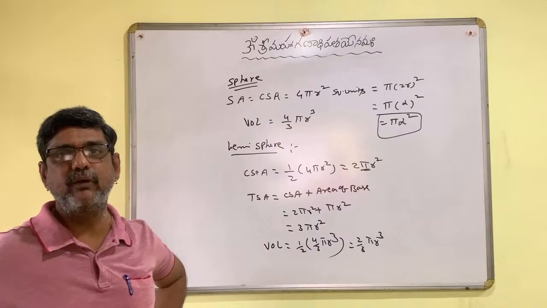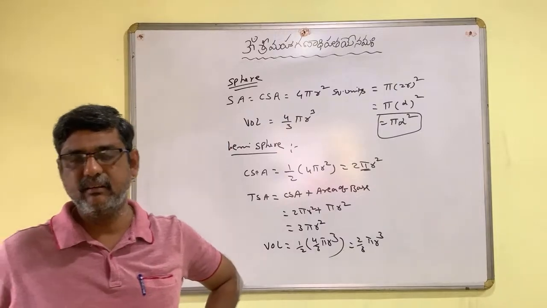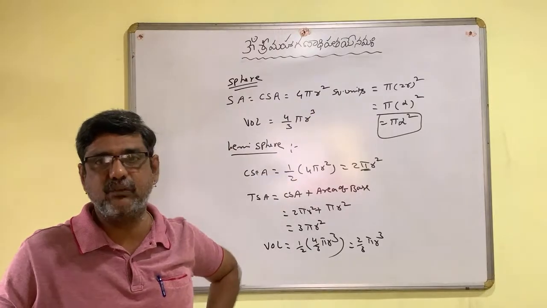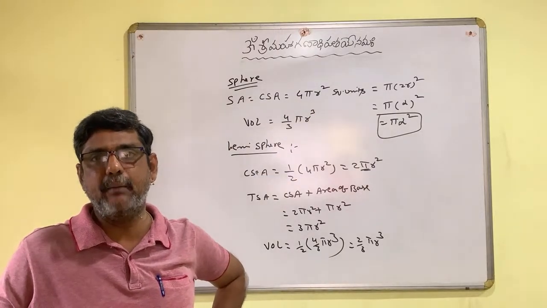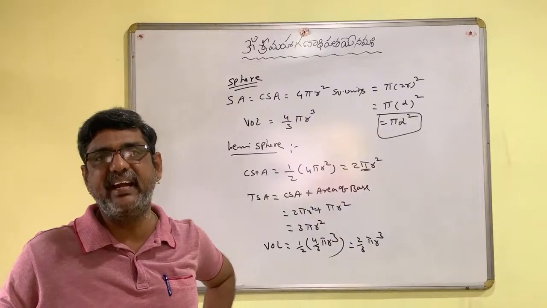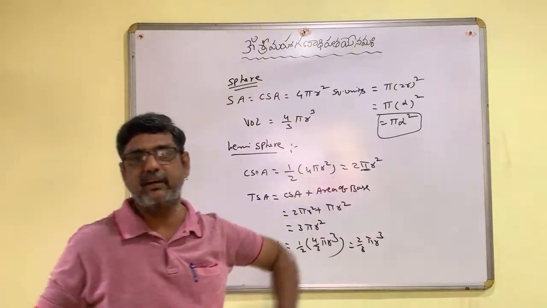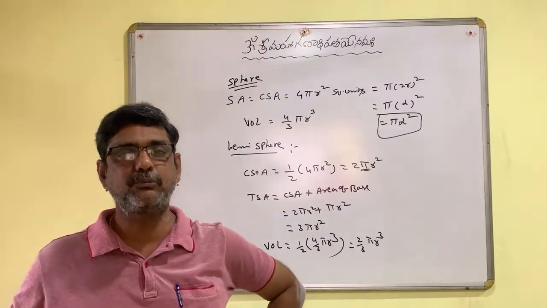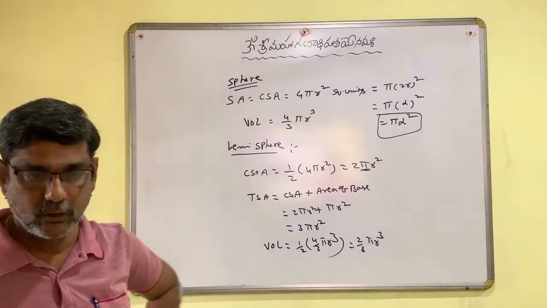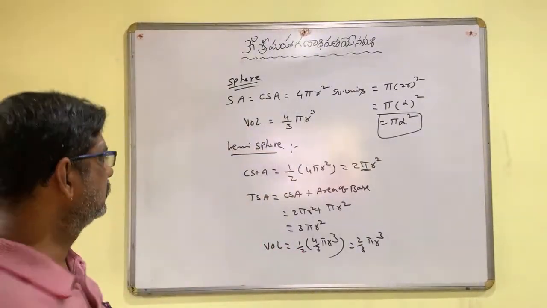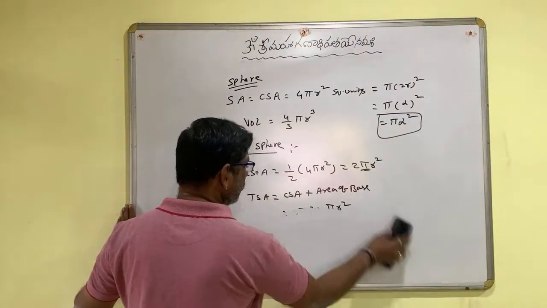If we know the radius of sphere, we can apply 4 pi r square. If we know the diameter, directly we can apply pi d square. So these are the formulas that you need to learn by heart for problem solving.